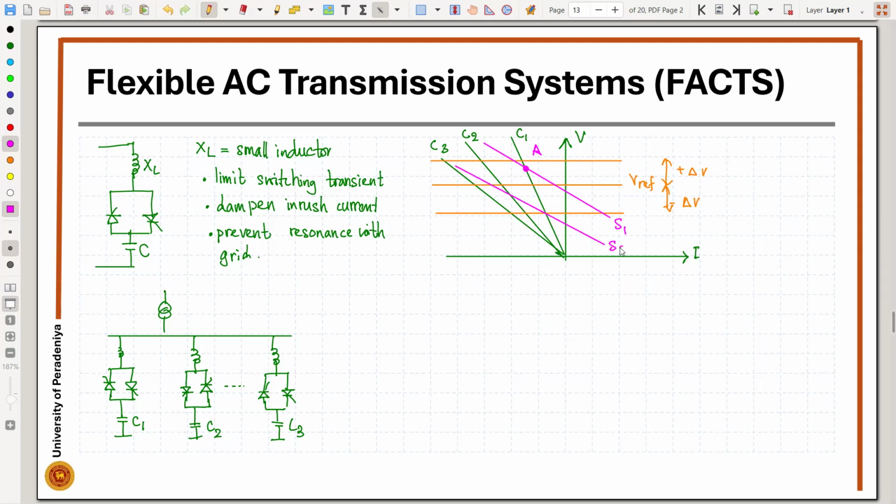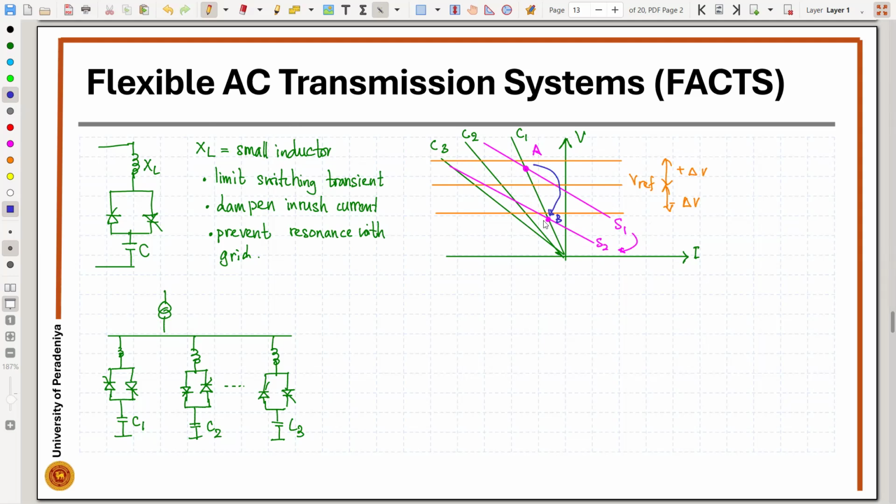Let's say S1 is changed to S2. Now with the capacitor C1, you will be moving from A to B, but point B is outside the reference value.